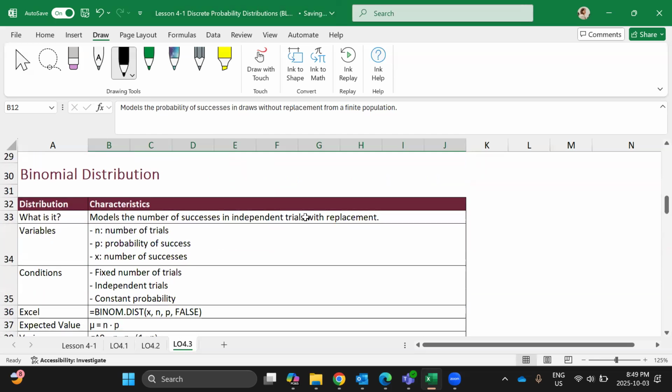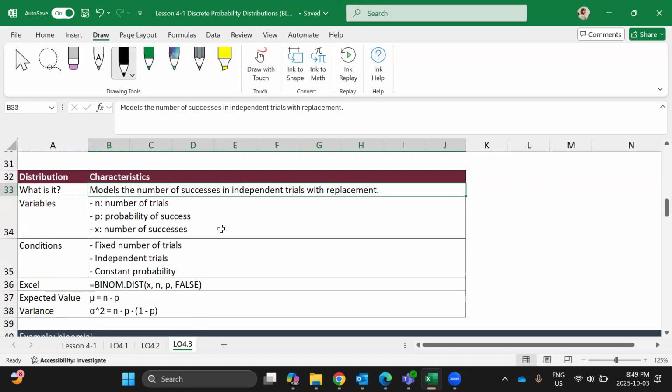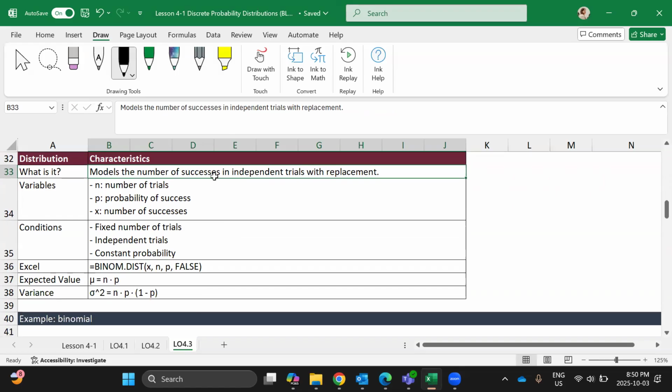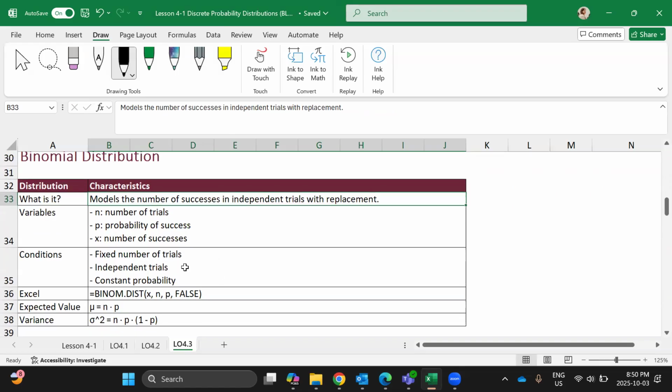With the binomial distribution, the picks are made with replacement. Also, something else different about the binomial distribution is you don't need to know the sample size or population size, rather, you're not going to be given the population size. For the binomial distribution, you just need to know how many choices you make.